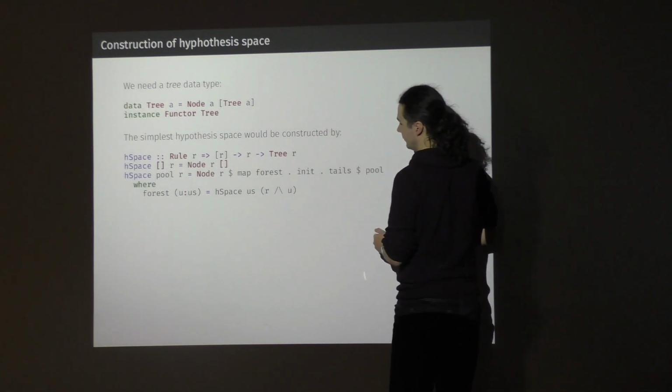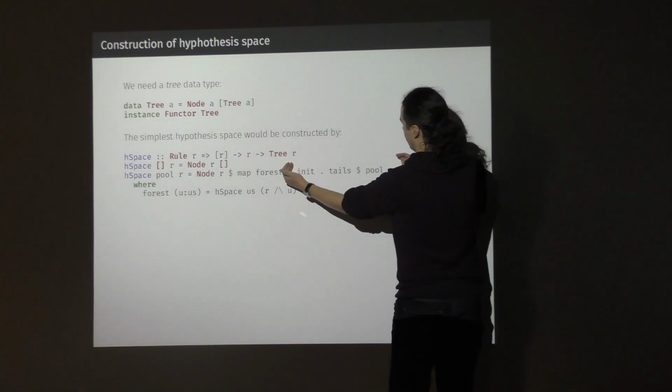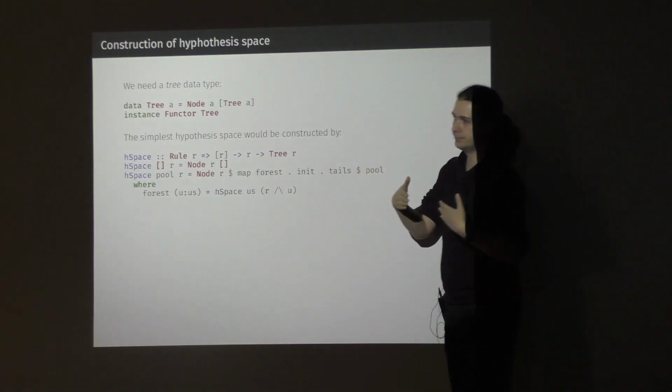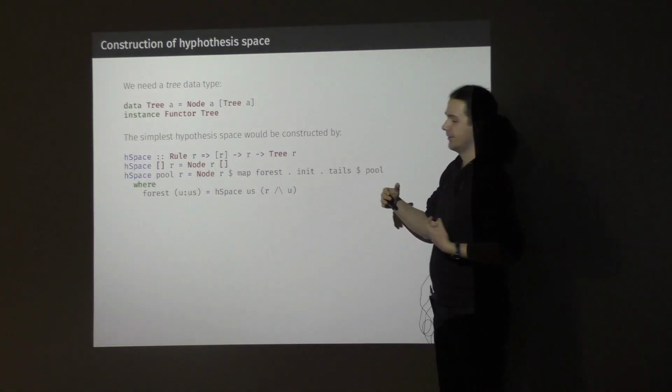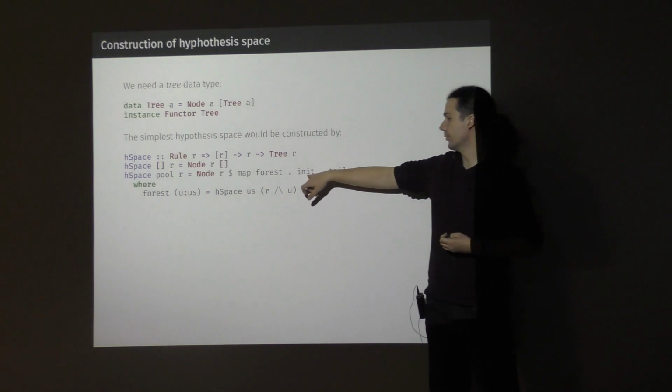So just to read it in parts, this takes not all subsets, but tails takes the list of all tails of the list, but we don't want to take the first one.